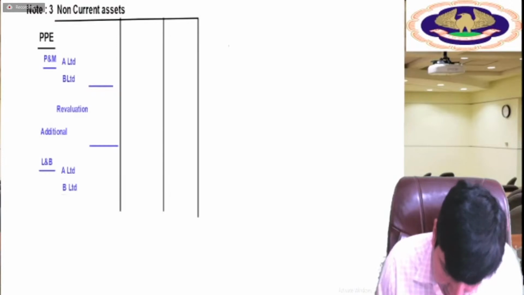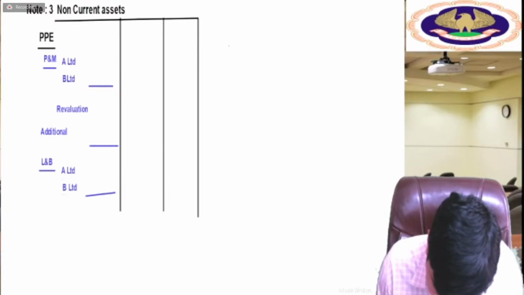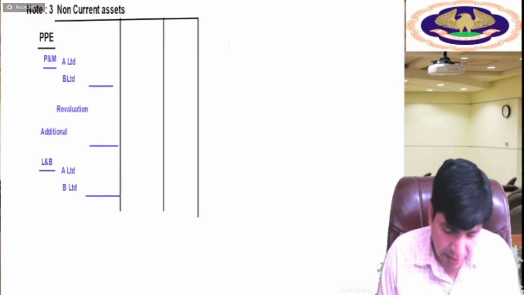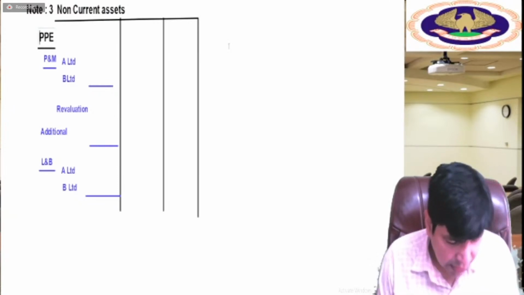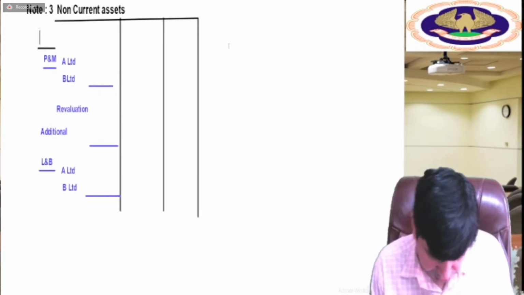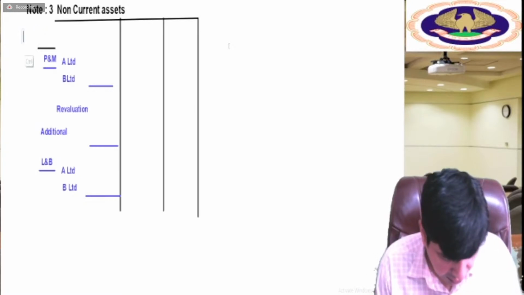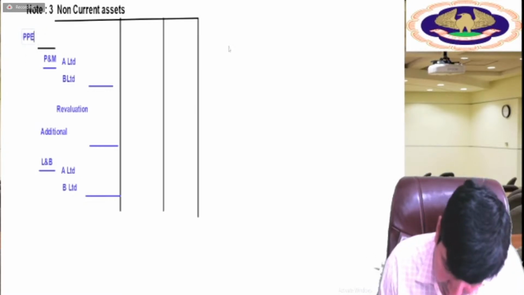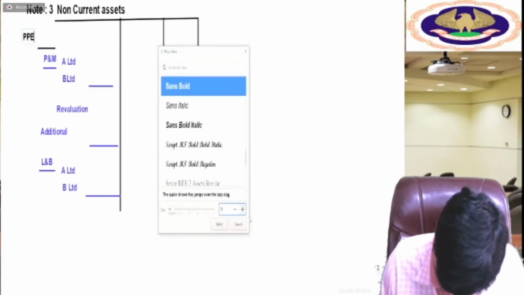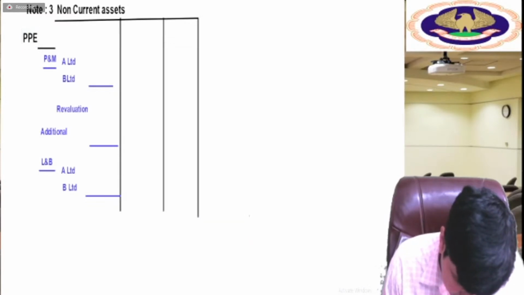Now after adding the things, there will be the amount under the head property, plant and equipment. Okay, beta. Property, plant and equipment will come out after this total.